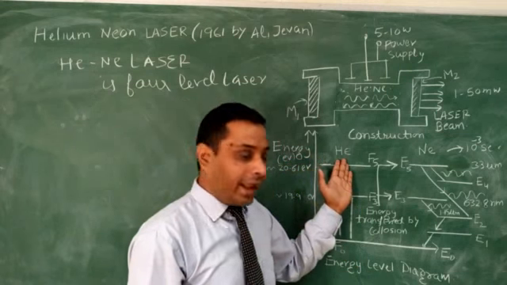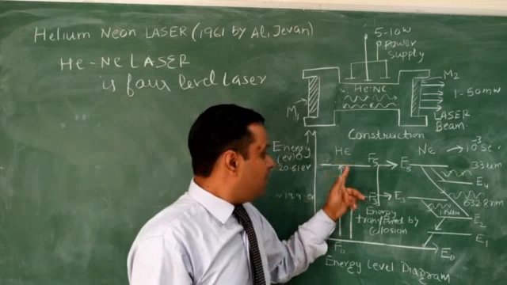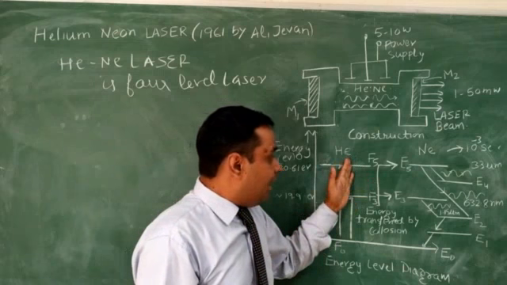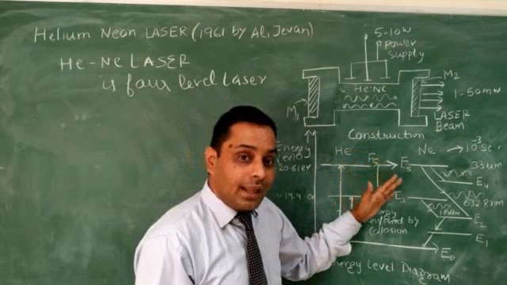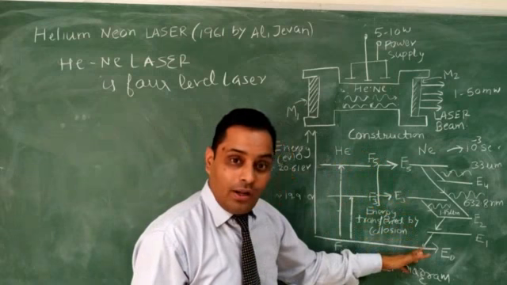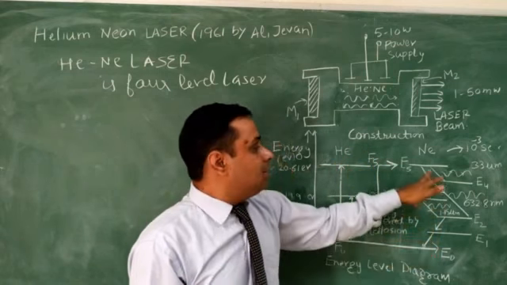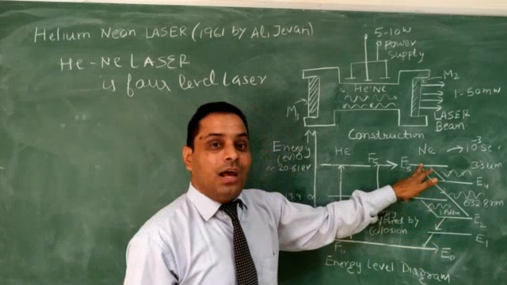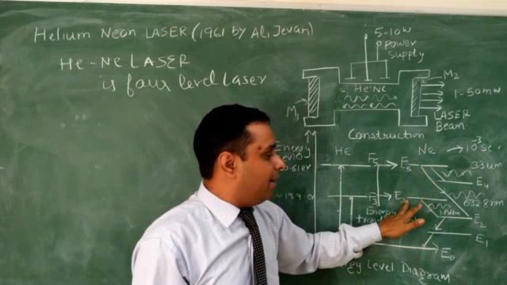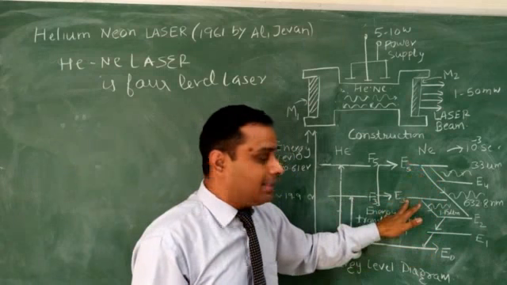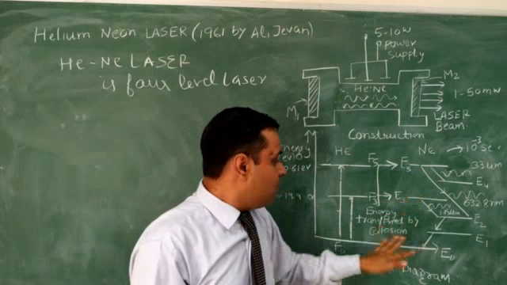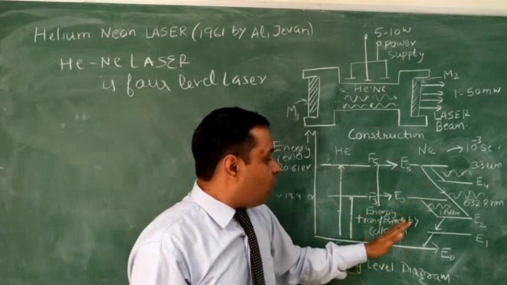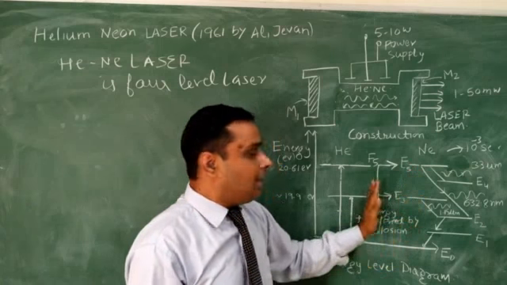So when the helium is excited to higher states, the helium transfers its energy to the neon, and the neon is excited to the metastable states E5 and E3. The energy of the helium is transferred by collision.